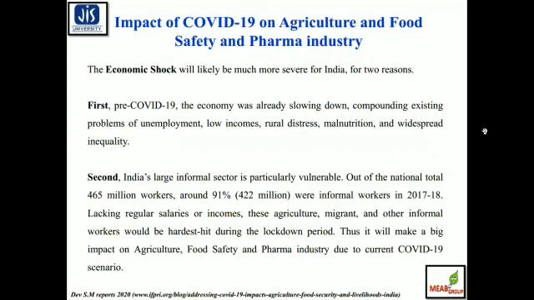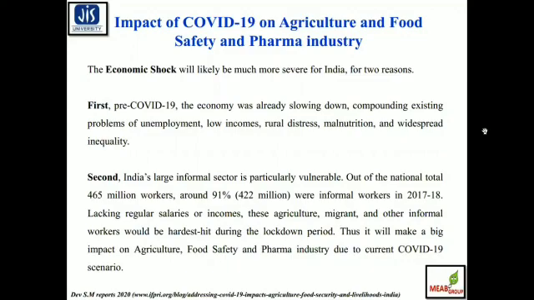The economic shock will likely be much more severe for India for two reasons. Firstly, before COVID-19 the economy was already slowing down, compounding existing problems of unemployment, low incomes, rural distress, malnutrition, and widespread inequality. Secondly, India's large informal sector is particularly vulnerable.